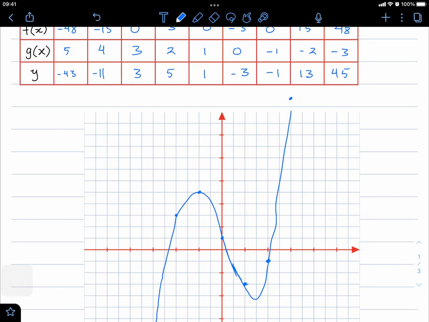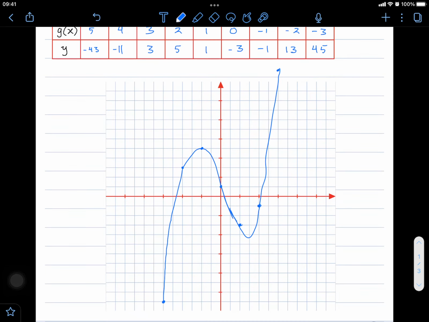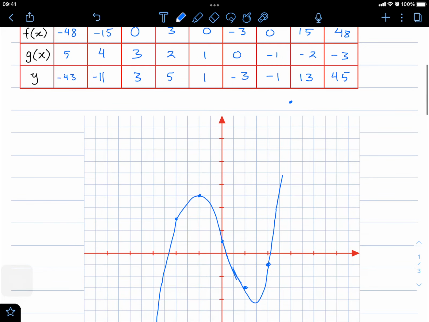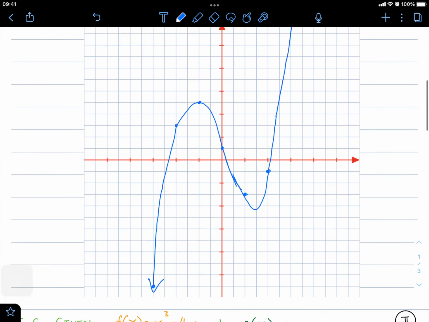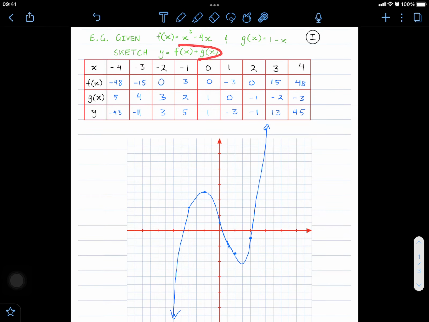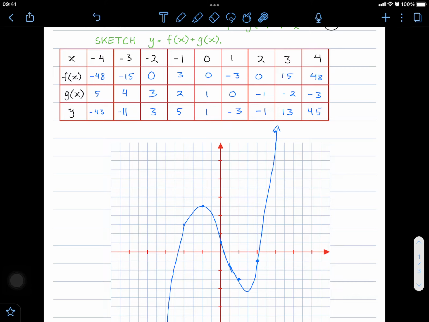And just going to connect it all the way up to the top there. There we go, much better. There's a little curve in the middle there, but that there is the sum of the two functions. Hopefully that's very straightforward.